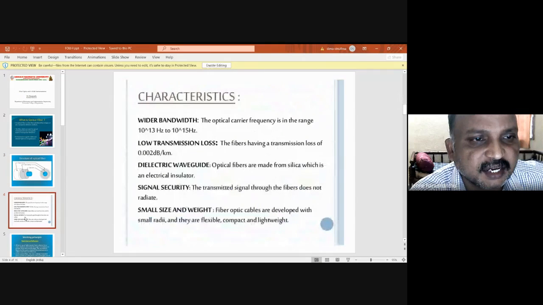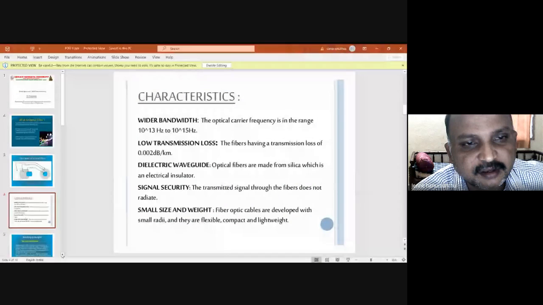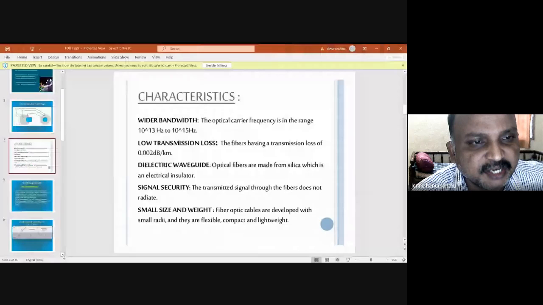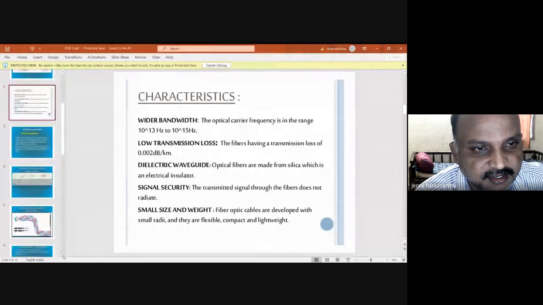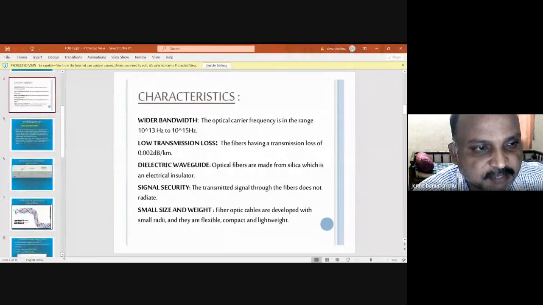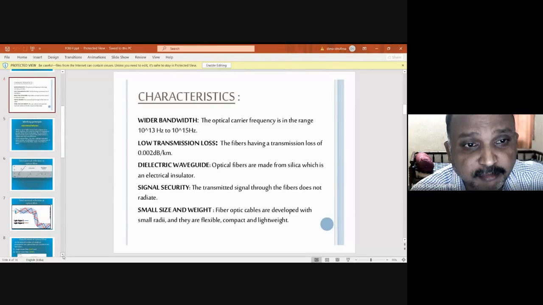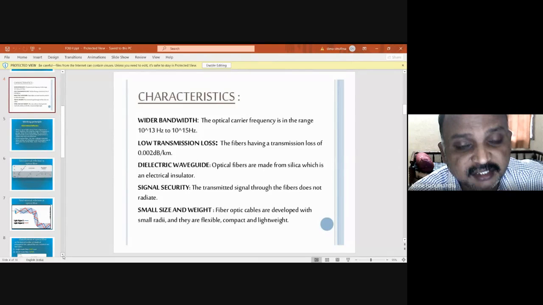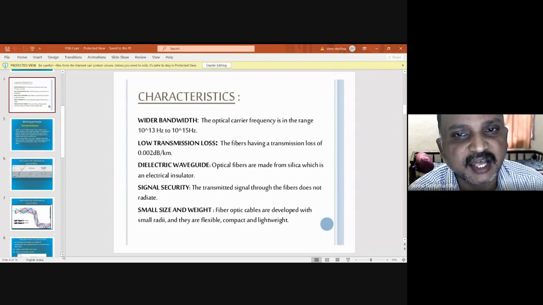Okay. See the characteristics. Characteristics means how we can understand this fiber for some other purpose. See the bandwidth. The bandwidth of this fiber is enormous. Because if you see the coaxial cable, in the early days we were using coaxial cables, general cables.